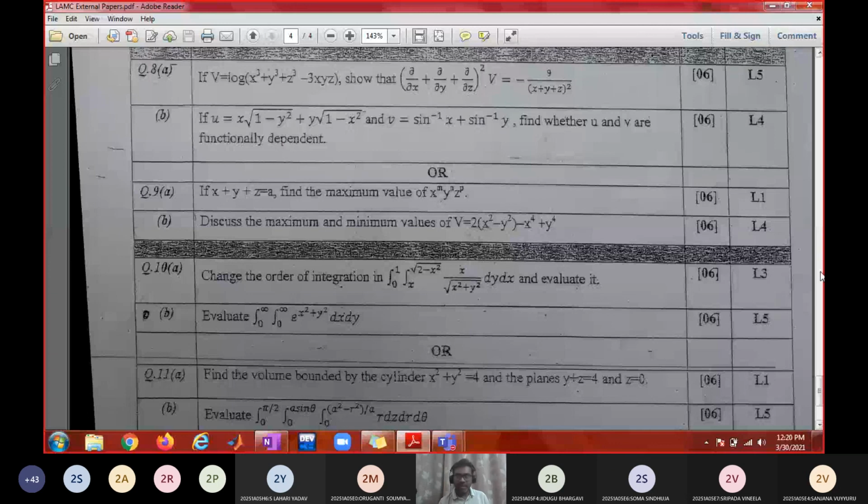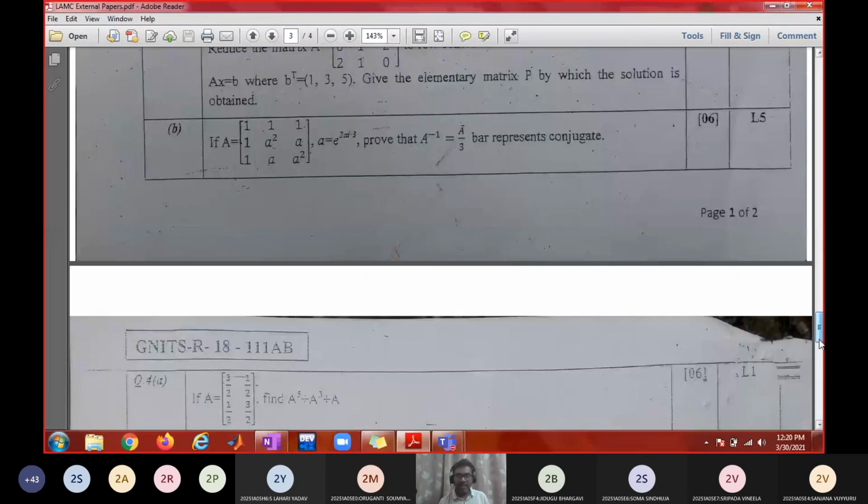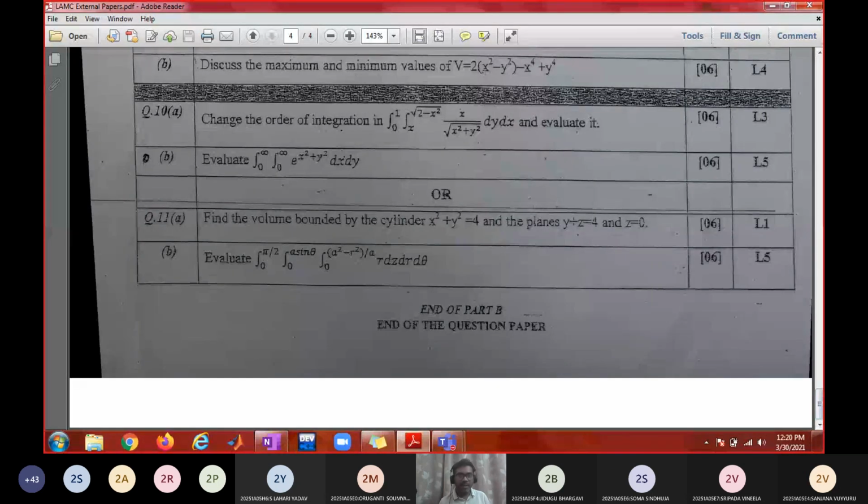I will send the remaining problems. I think we did this problem already in the class. Volume bounded by the cylinder, cut off by the plane y plus z equal to 4. Yes, this part is over.